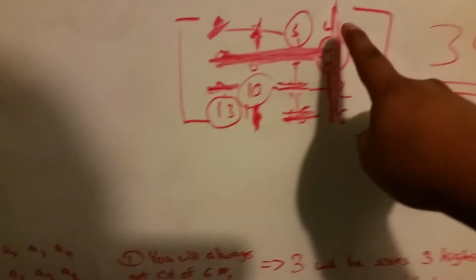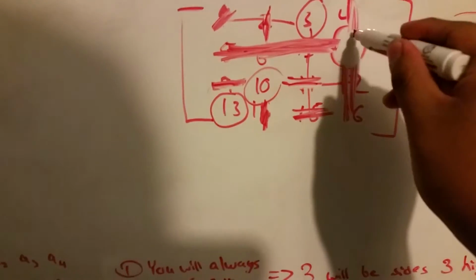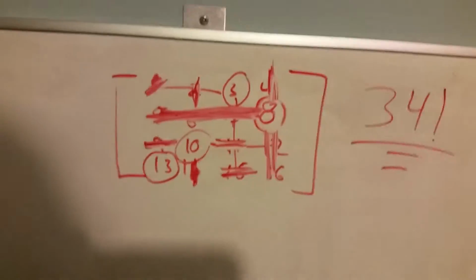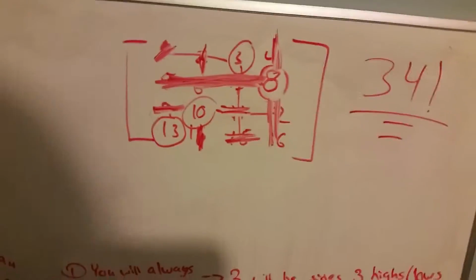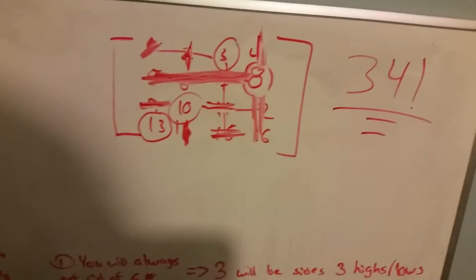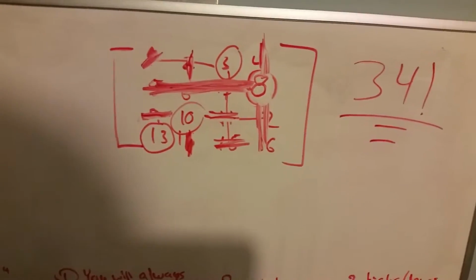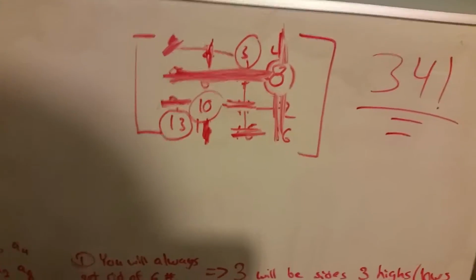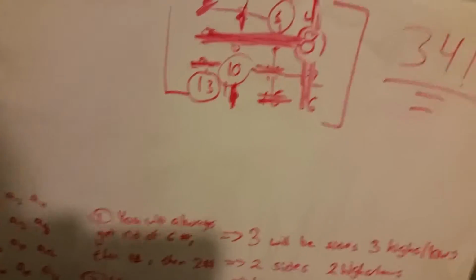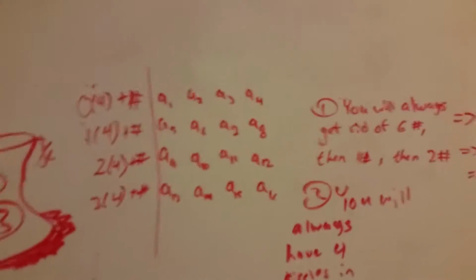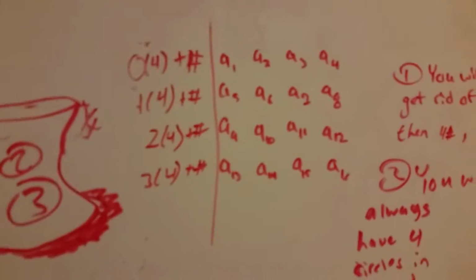No matter what numbers you pick and no matter what order, you'll always end up with 4 circles at the end, always.